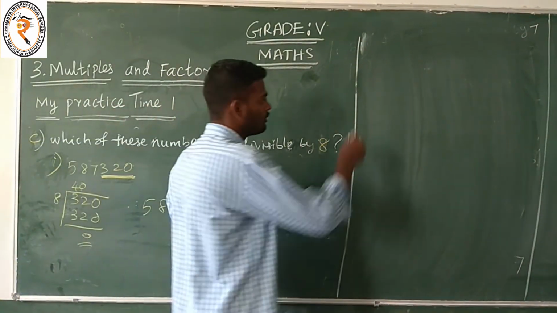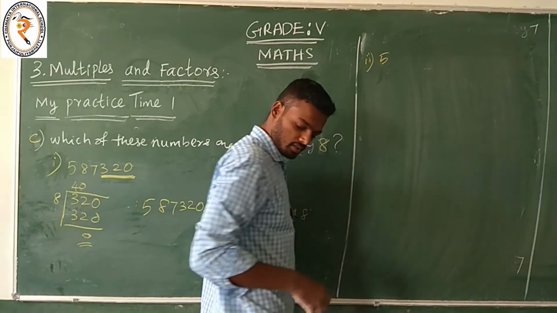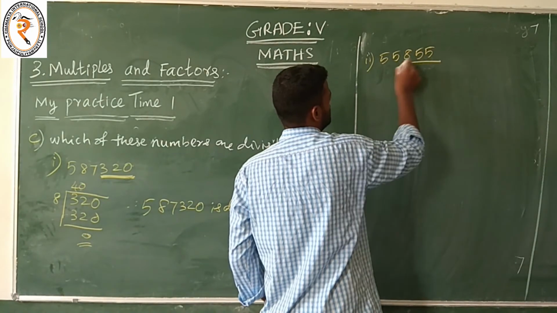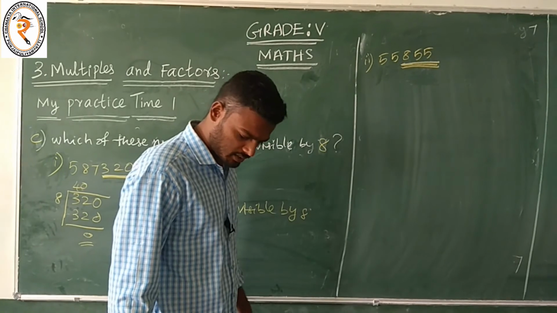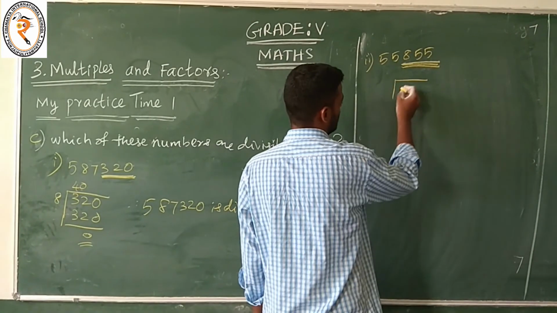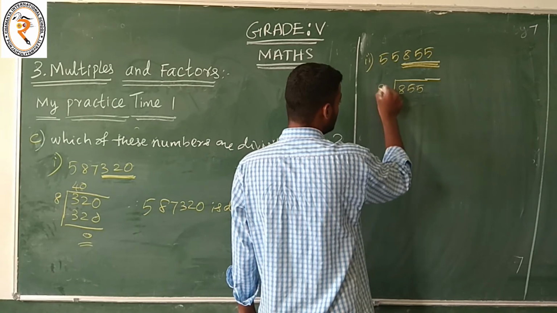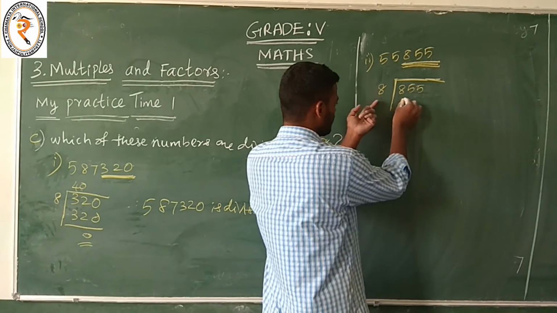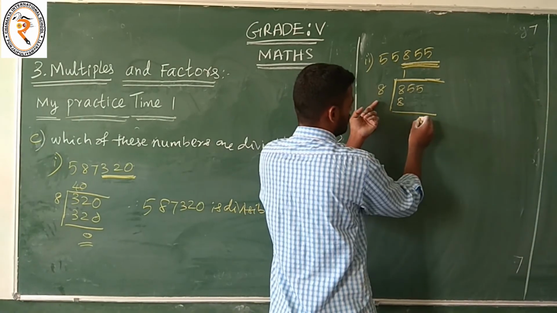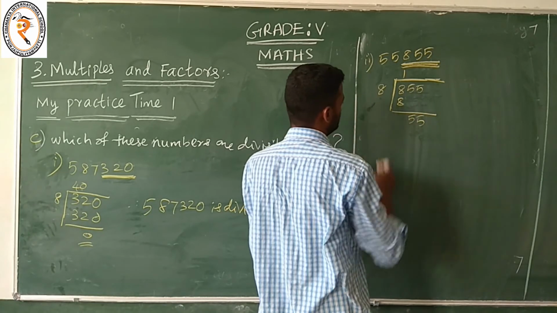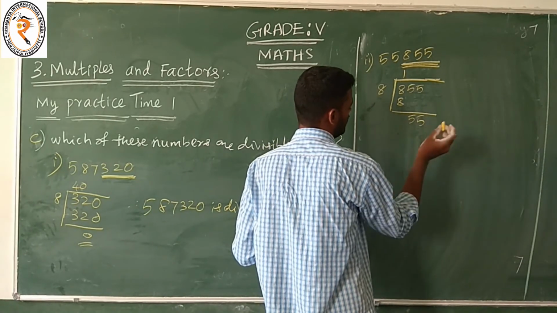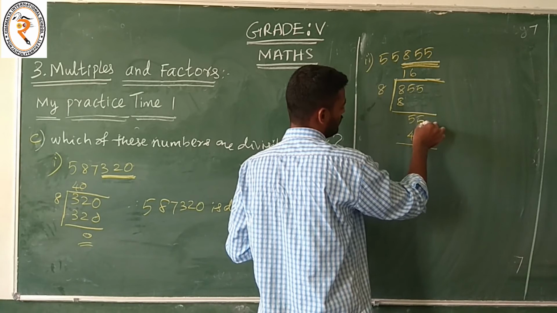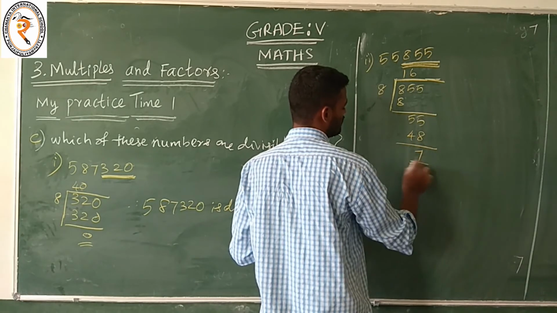Question number 2. 55,855. Selecting the last 3 digit number, 855. Is it divisible by 8 or not? 8 comes 1 time, balance 5. 55 comes, 48 comes 6 times, remaining 15, then 7, so the remainder is 7.